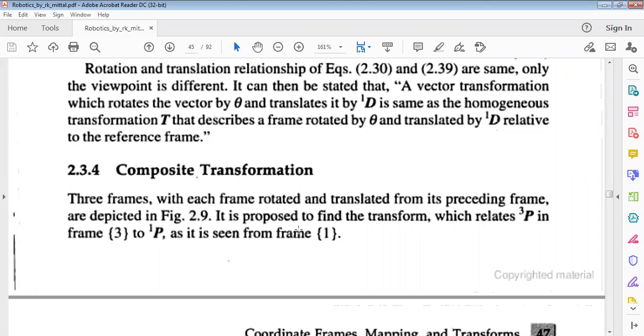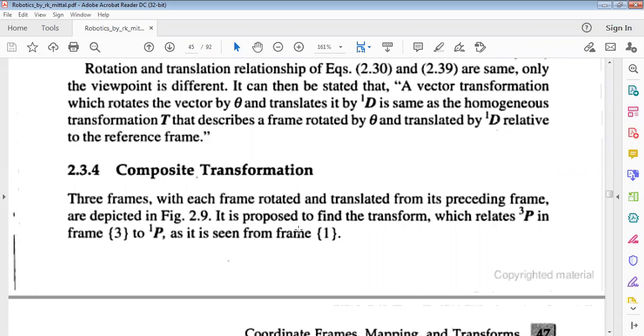Because in an industrial robot, there are a number of frames at each end of the links. We need to develop mathematical relations among those frames.